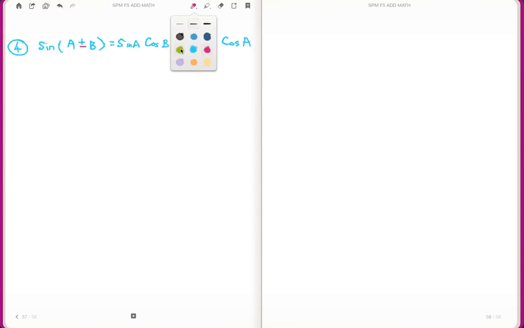I will use a simple example so that you understand these identities. I would say sine. I will use standard angles because it's easier for me to show you how it works. Okay, sine 30 plus 60.